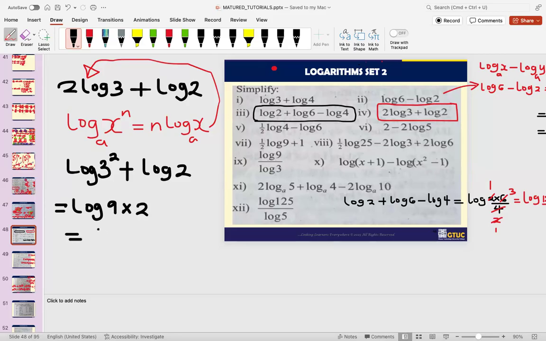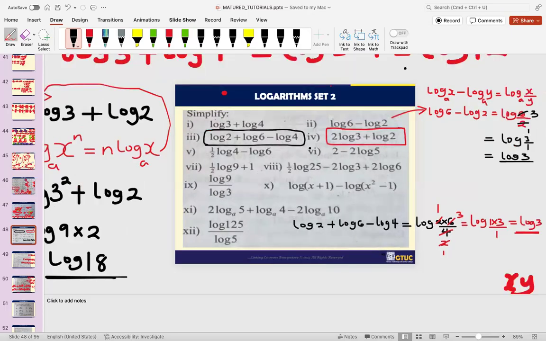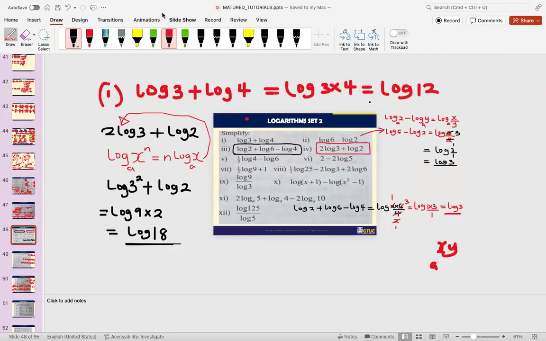So finally, our answer becomes log 18. 9 times 2 is 18. And then we stop here.